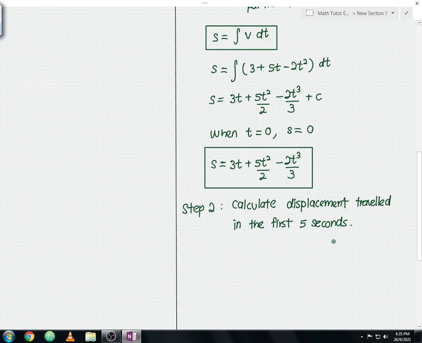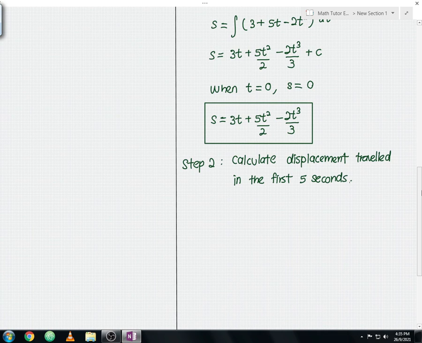okay, so from here, let us begin when the time is equal to 1 second. So when t is equal to 1 second, your displacement is equal to, okay, you substitute the 1 into the equation here.